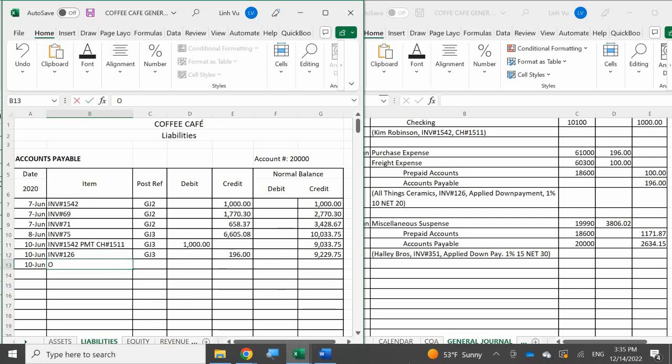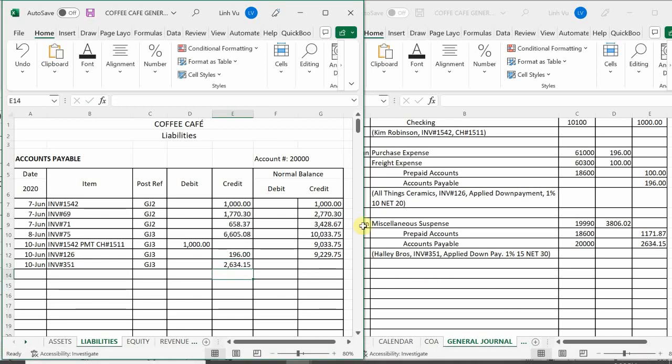Okay, so invoice number 351, General Journal page 3, and that will increase my liability by $2,634.15. So therefore, that should increase your accounts payable to now become $11,863.90. So once again, now you're noticing this.